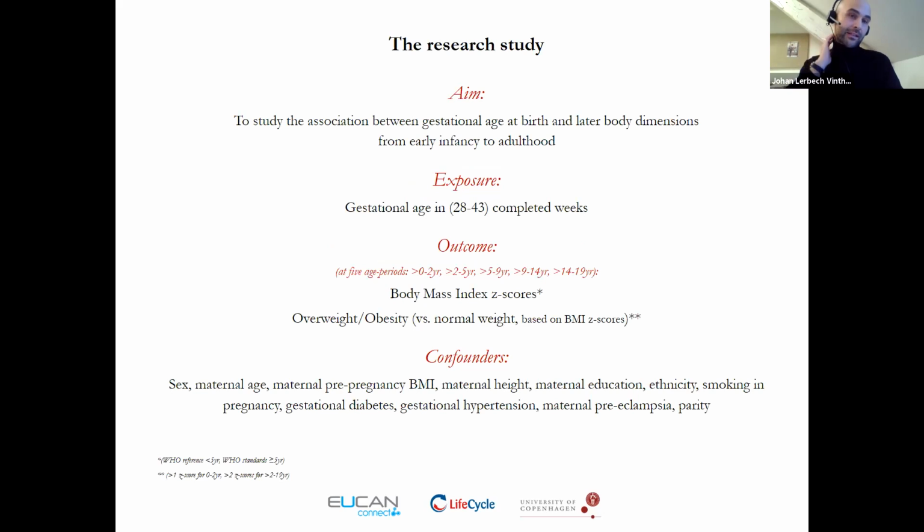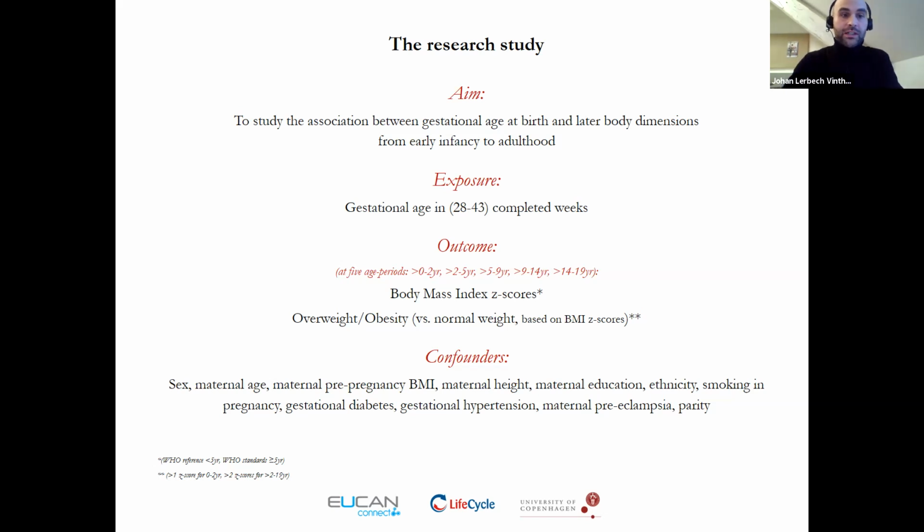So as Angela said, this particular study looks at the association between gestational age at birth and later body dimensions from early infancy to adulthood. And gestational age, the exposure, is in completed weeks from week 28 to 43. And the outcome of this study is both body mass index Z-scores and a binary outcome, overweight obesity, which is based on these Z-scores.